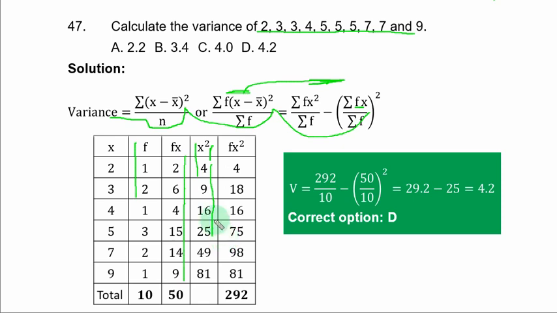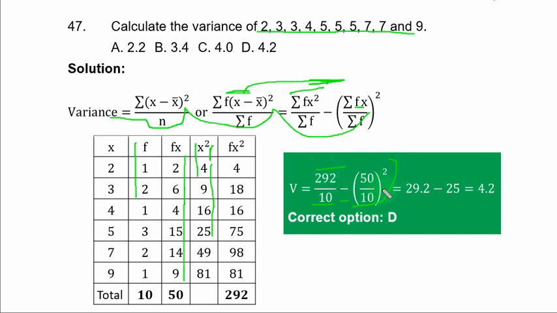So we are interested in the sum of f. You add it, you get 10. Sum of fx, you have 50. Sum of fx squared, you have 294. So we are going by this formula. So sum of fx squared is 294, divided by 10, the sum of f, minus the bracket, sum of fx, which is 50, divided by the sum of f, 10, all squared.